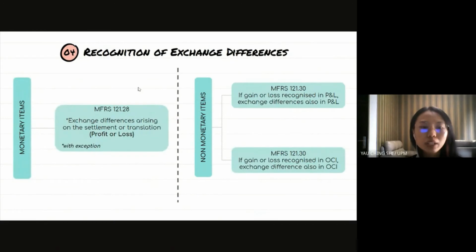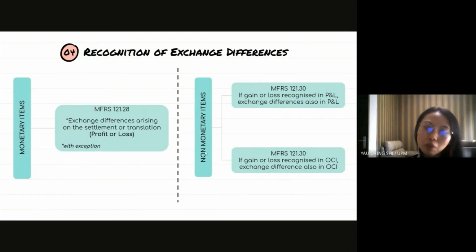According to MFRS 121 para 28, exchange differences arising on the settlement or transaction of monetary items shall be recognized in the profit or loss in the period in which they arise. However, there is an exception, which will be explained in the later part by our next presenter.